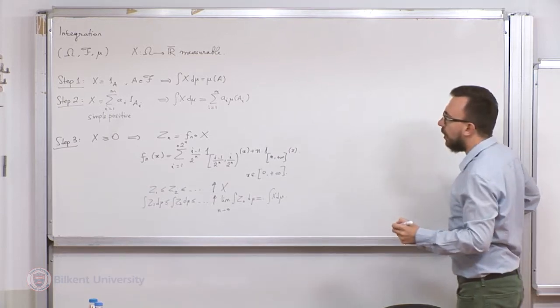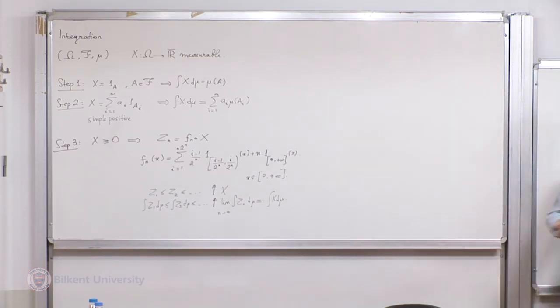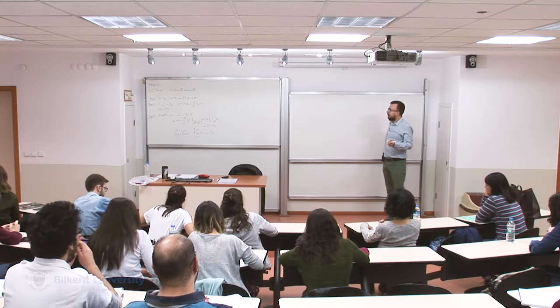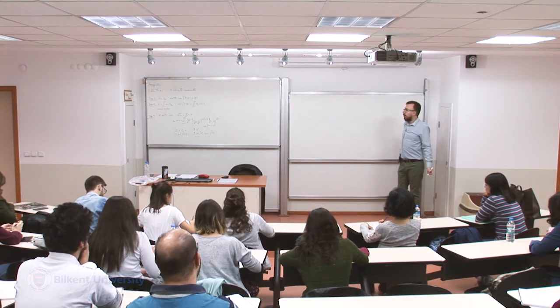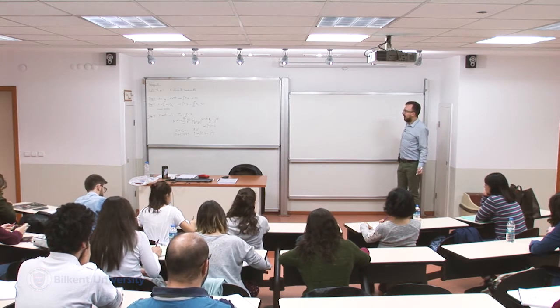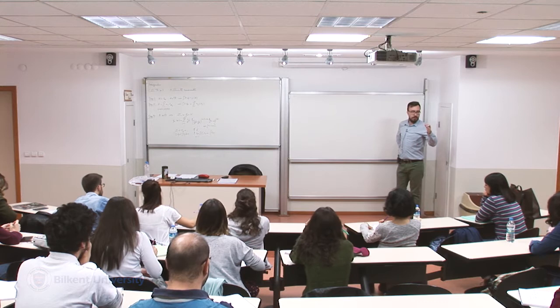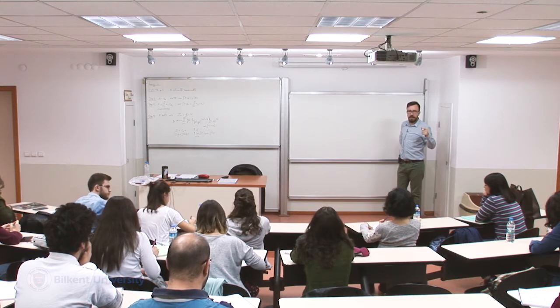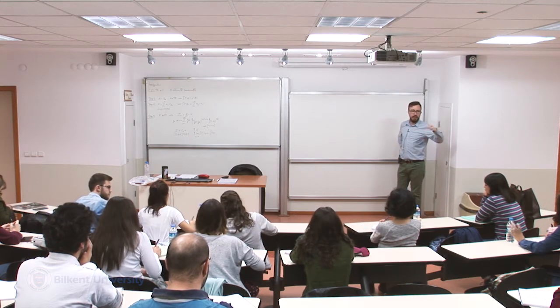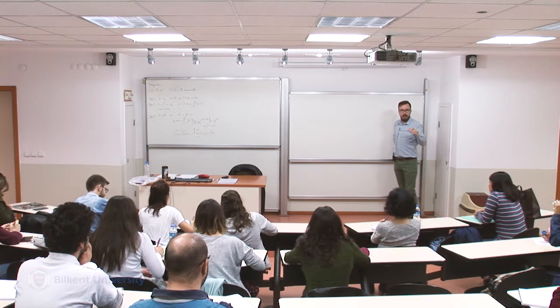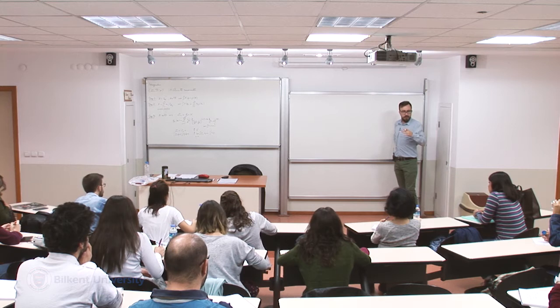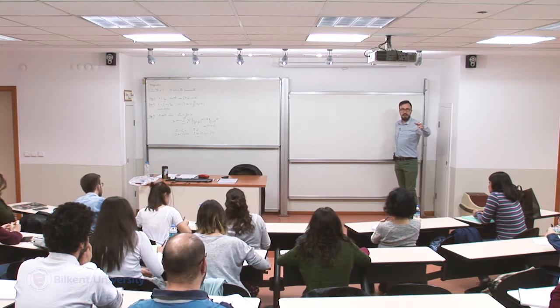So we proved monotonicity and linearity of the integral in all of those steps. And in addition, in step 3, we had the monotone convergence theorem, which tells us that if you have an arbitrary sequence of positive measurable functions that are increasing to a limit, then the integral of the limit is equal to the limit of the integrals of the functions in the sequence.